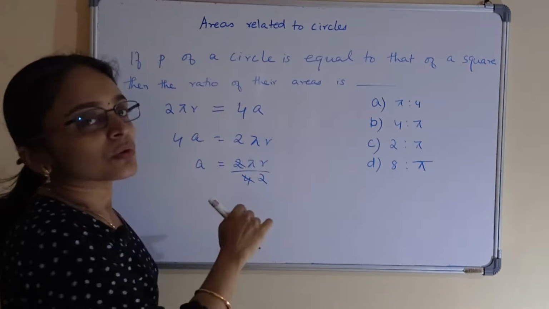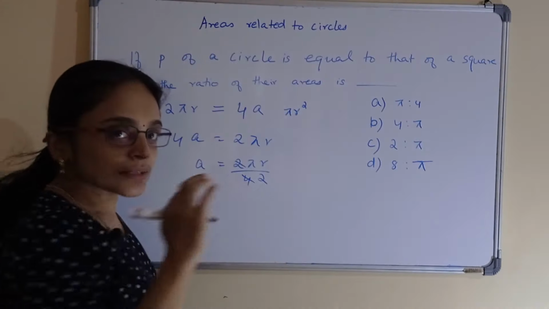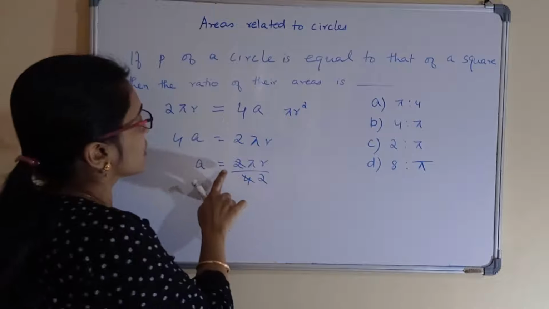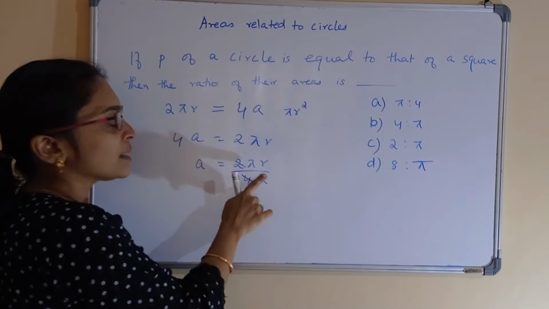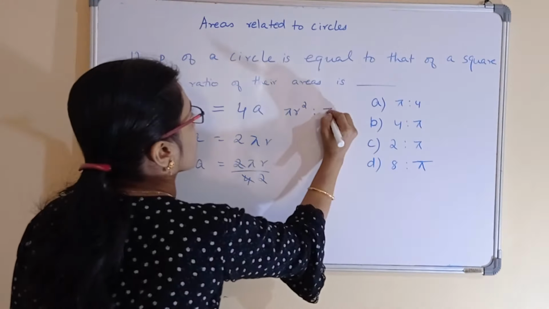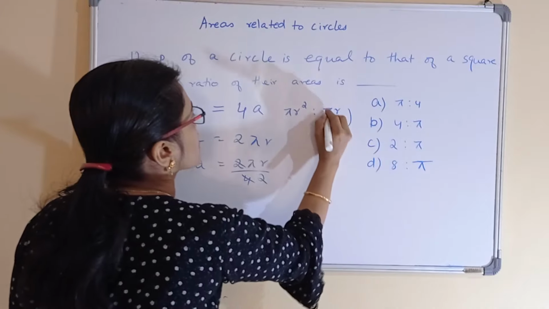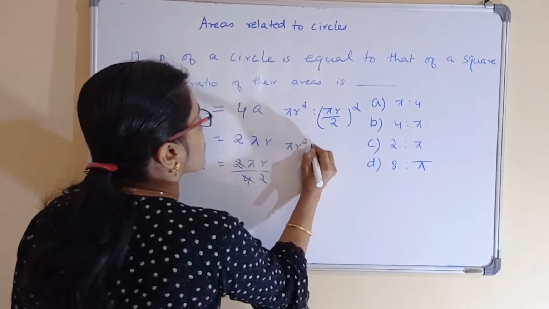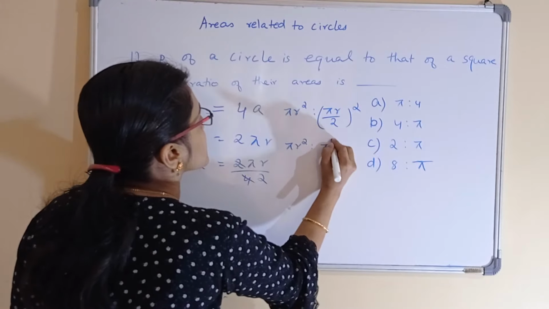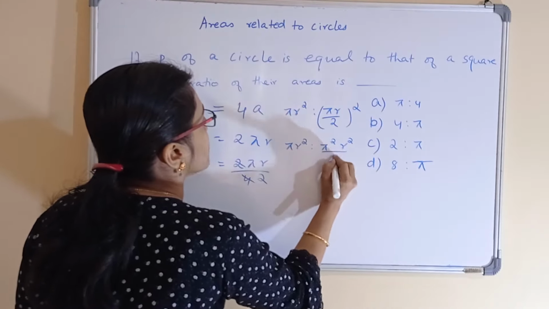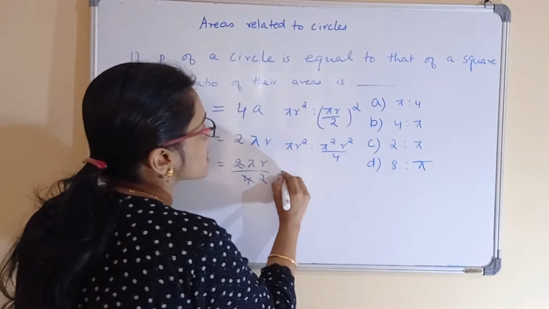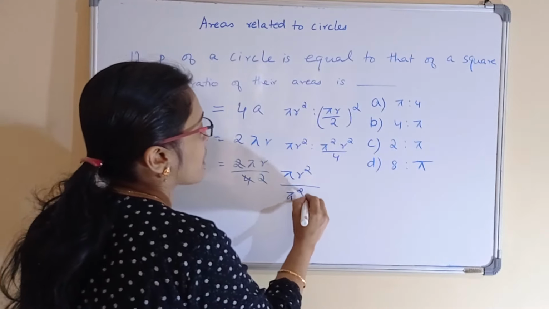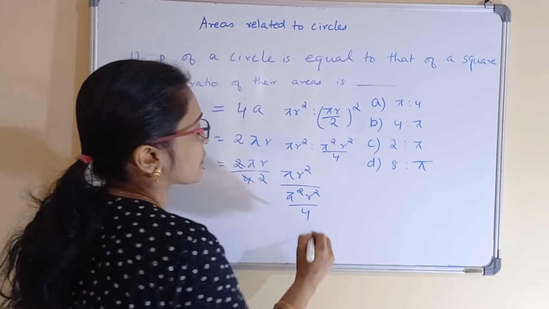Now ratio of area. Area of a circle is pi r square and area of square is a square, that is pi r by 2 the whole square. So this is equal to pi r square is to pi square r square by 4. This is the same as pi r square by pi square r square by 4, right?